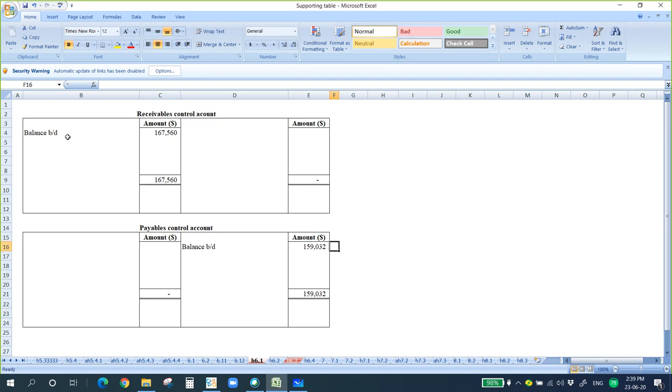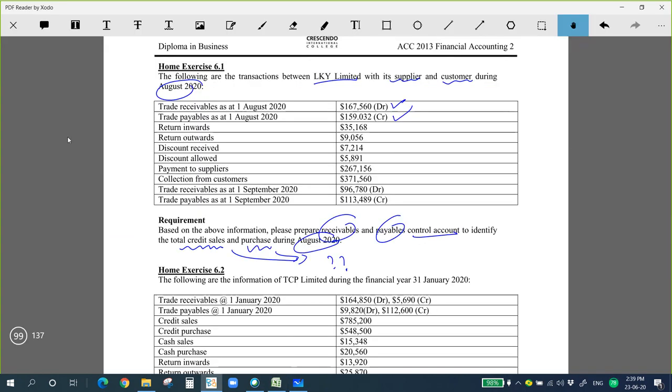Next, we have return inwards 35168. So can you tell me return inwards is related to your customer or supplier? Return inwards to your supplier, right? Oh, sorry.